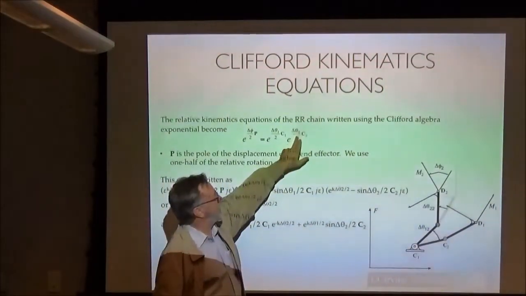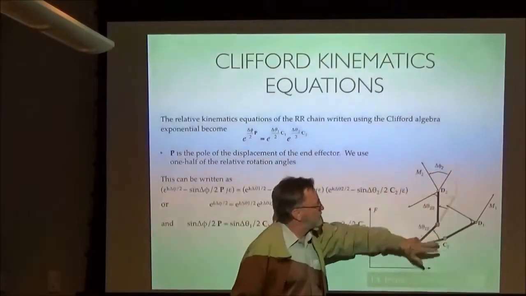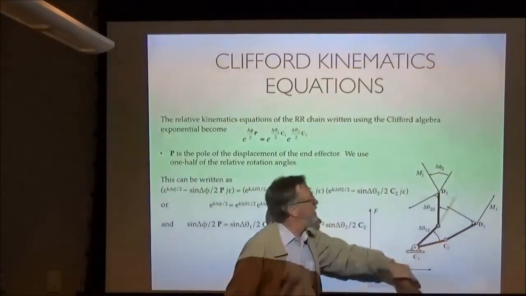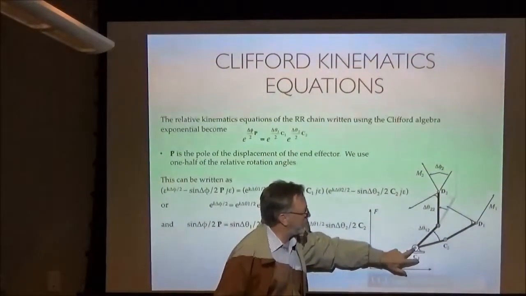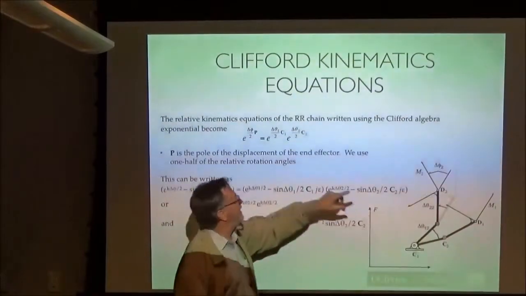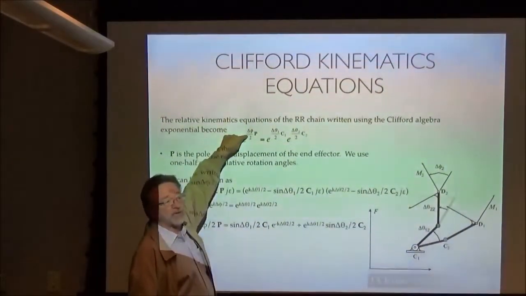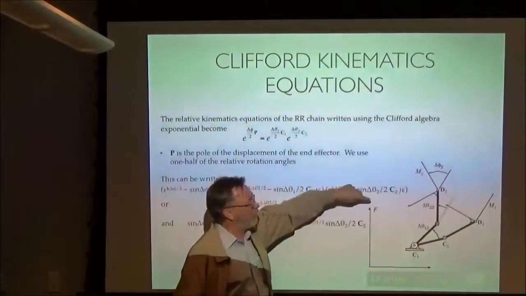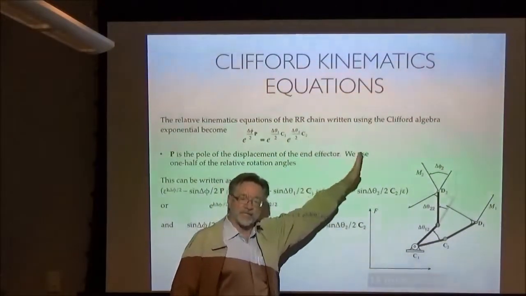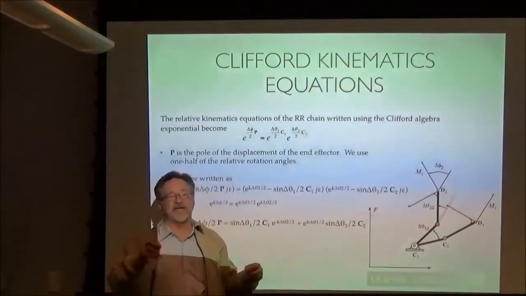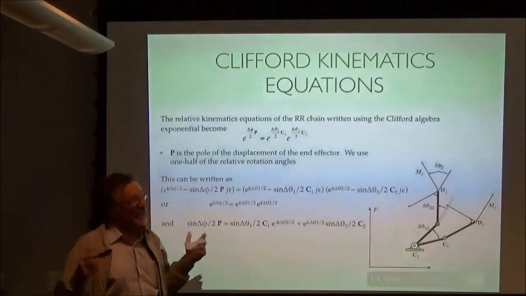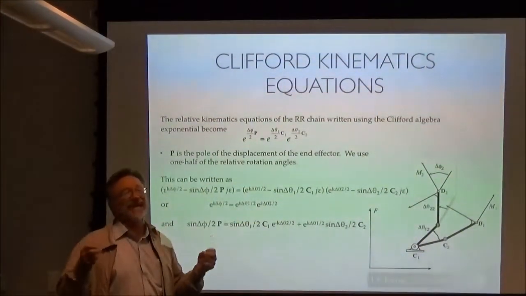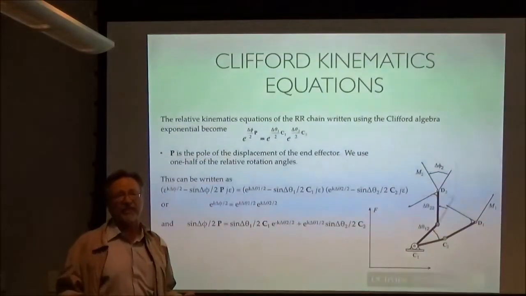You rotate theta over 2 about the first pivot, then you rotate theta 1 over 2 about the second pivot, and once you've done that, you get the rotation by phi around the pole. All of these things are written in terms of the poles, just like in space they're written relative to the screw axis. These things are very tied. The mathematical formalism is tied directly to the geometry.